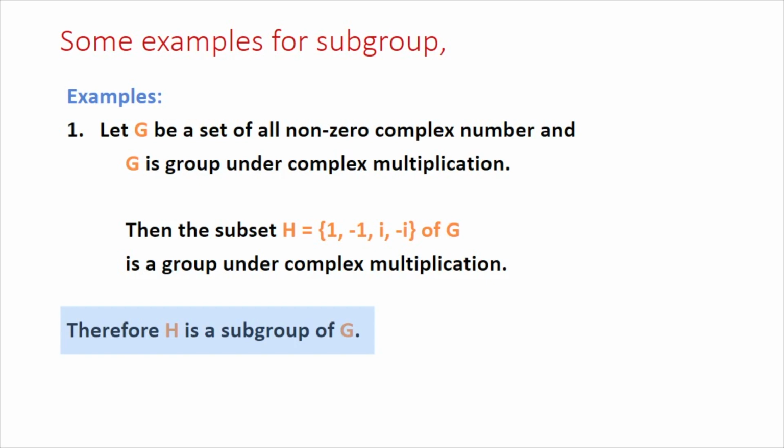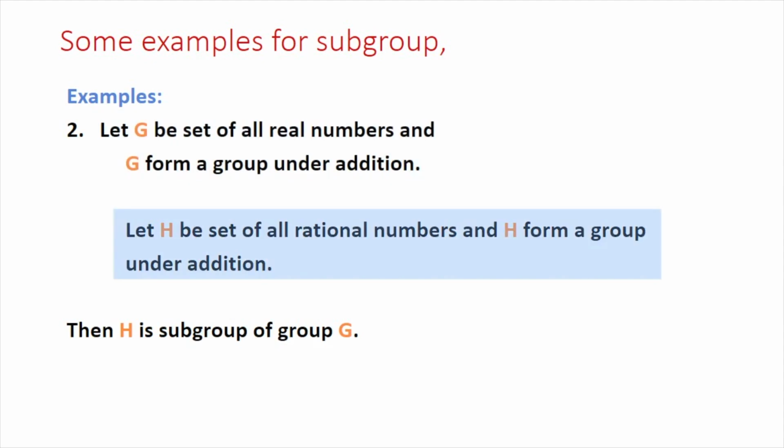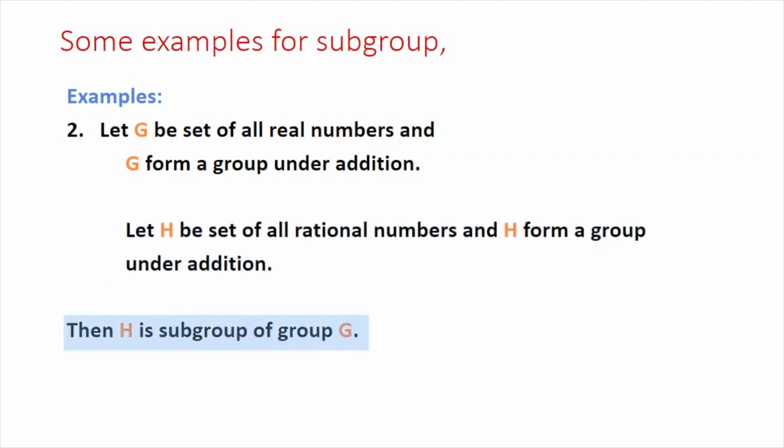Therefore, H is a subgroup of G. Let G be the set of all real numbers and G form a group under addition. Let H be the set of all rational numbers and H form a group under addition. Then H is a subgroup of group G.